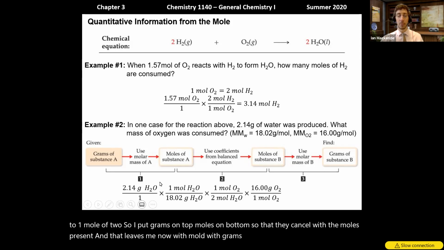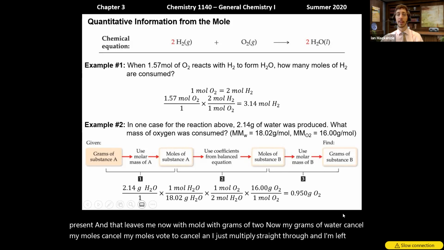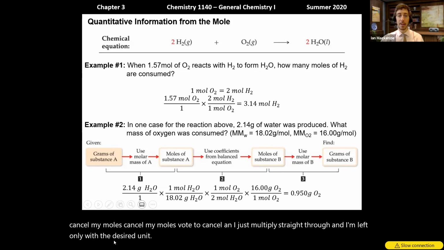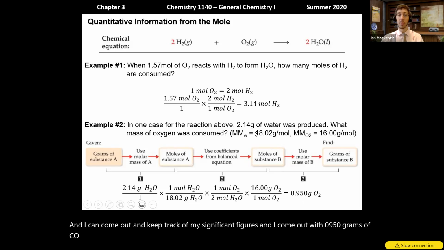Now my grams of water cancel, my moles cancel, my moles of O2 cancel, and I just multiply straight through, and I'm left only with the desired unit. And I can keep track of my significant figures, and I come out with 0.950 grams of O2 must have been consumed in order to generate 2.14 grams of water.